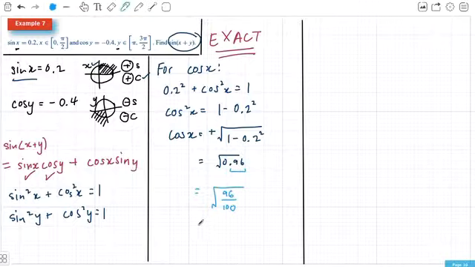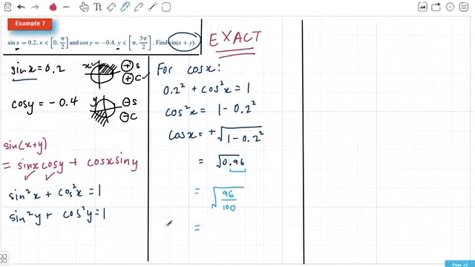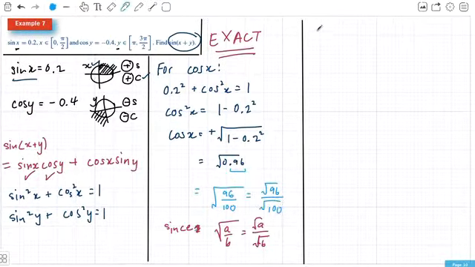Now to keep this exact, we can use the nice rule that the square root of a over b equals the square root of a on the square root of b. We can split this up, so we're going to have the square root of 96 over the square root of 100.